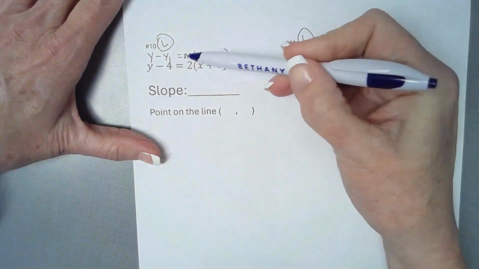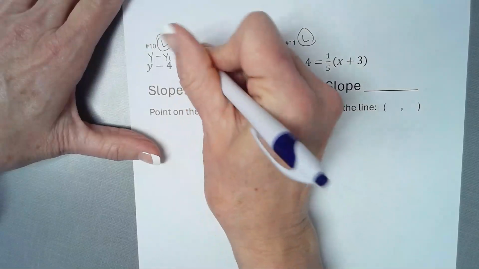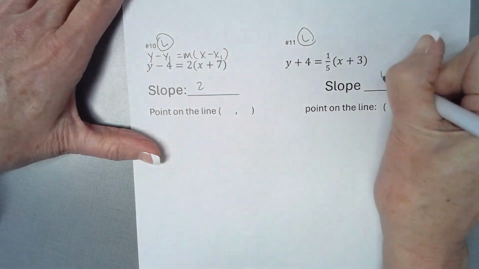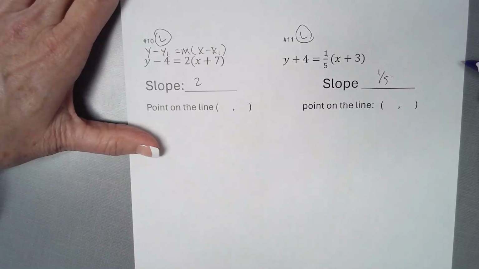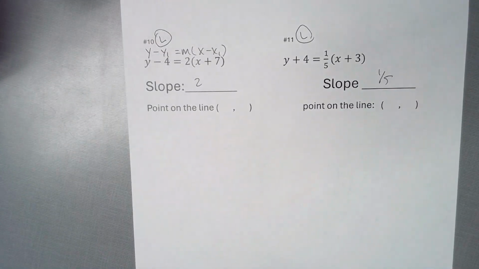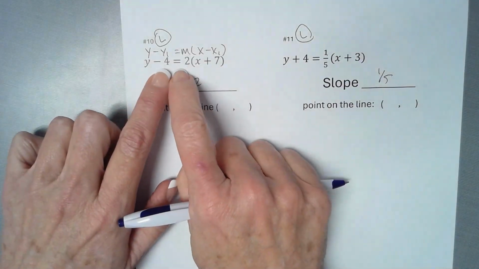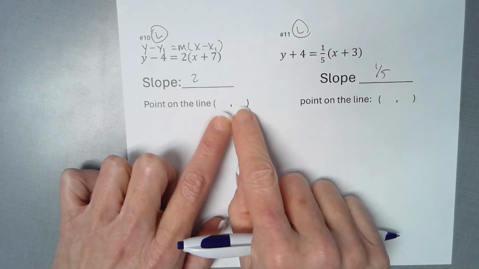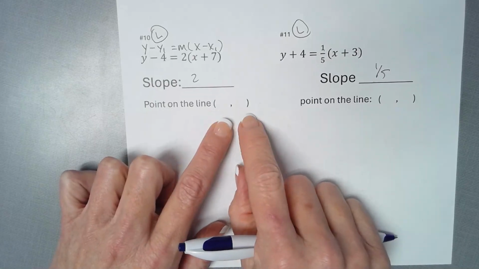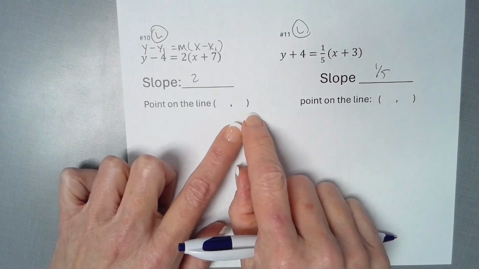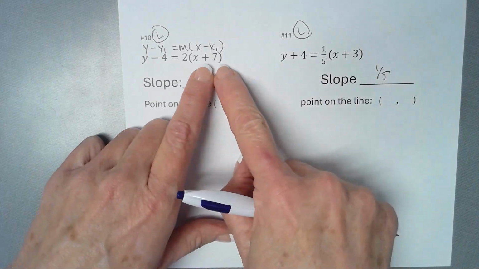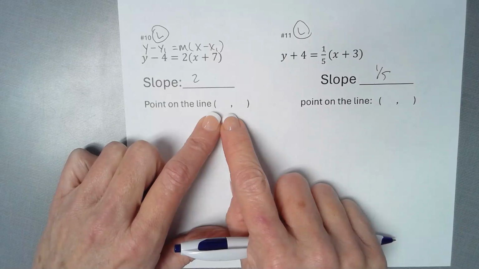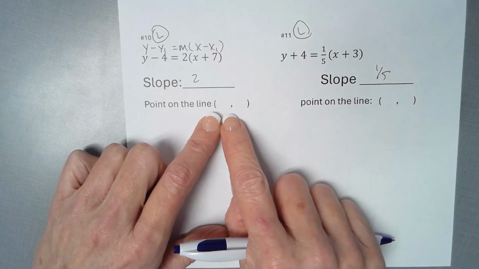Okay? So y'all, the slope is easy to pick out. There it's 2, and here it's 1/5. It's the point that's on that line that's tricky. Here's why it's tricky. Y'all, the y comes first here, but in an ordered pair, where does the y go? Second. Y goes last. The x comes last here, but in an ordered pair, where does the x go? That's what makes that hard.